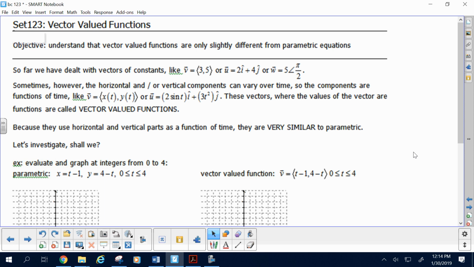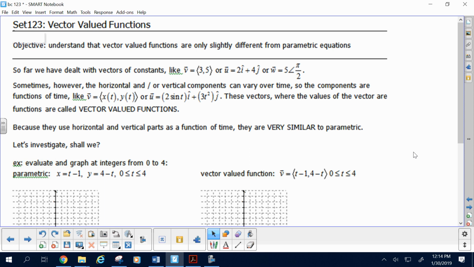It is, however, possible that horizontal and vertical components could change over time, in which case the vector is a function of horizontal and vertical components that vary. It might look something like this. You still have the pointing component form, but instead of constants in the vector, they're varying functions, one horizontally and one vertically.